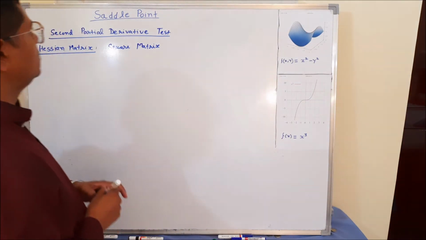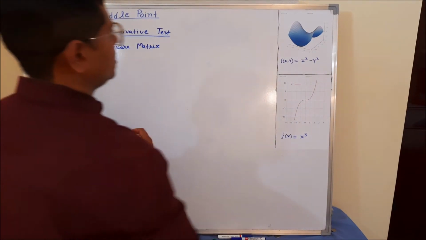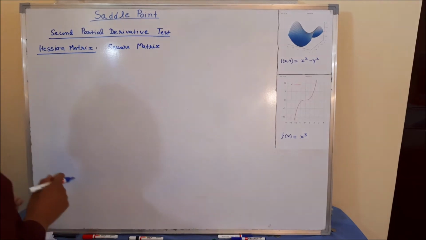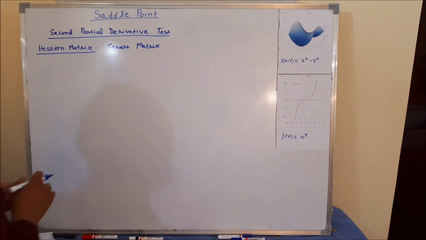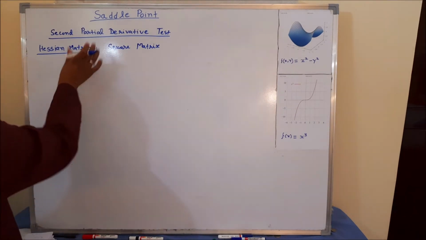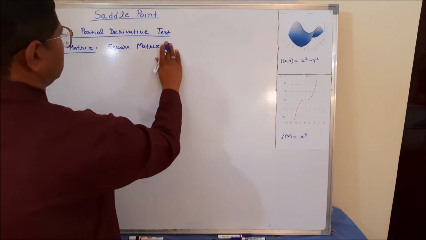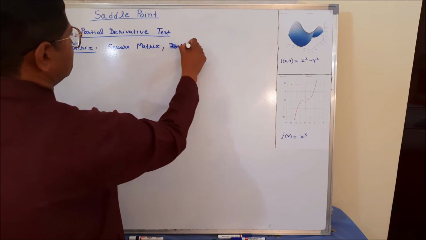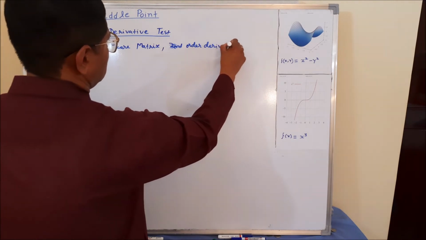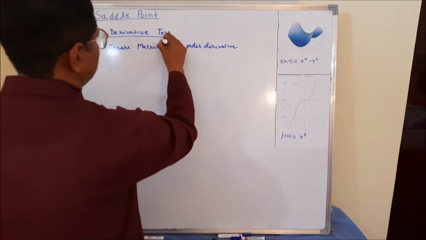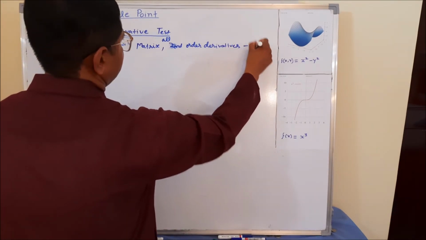So now let us try to understand how we can identify the existence of a saddle point in higher order variable systems. For this we generally use the second order partial derivative test, and for the second order partial derivative test we generally use the Hessian matrix, which is a square matrix which contains all second order derivatives of a given function f.